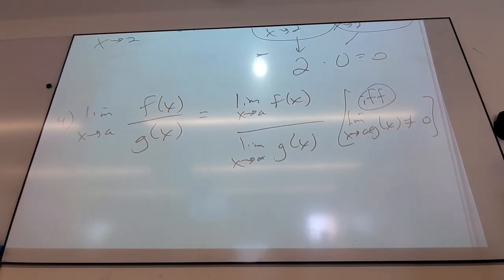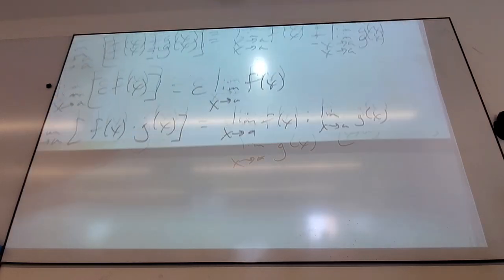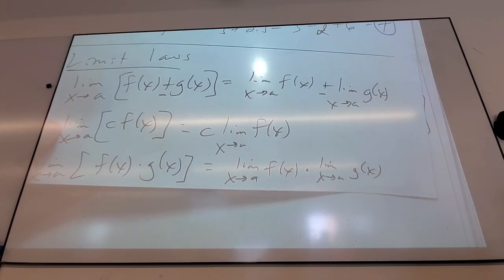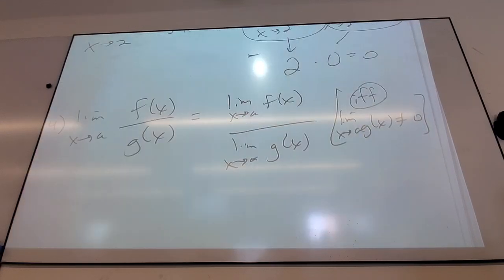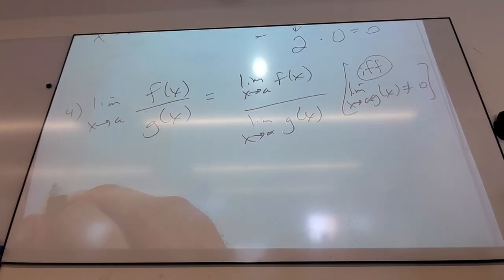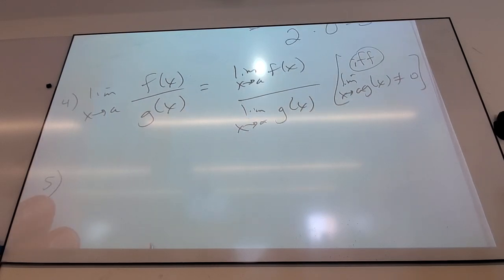I think that's all of those. Is that cool? These are nothing surprising, but I just want you to have the formal write-up of what these laws look like. Continuing down, what do you guys think about this?